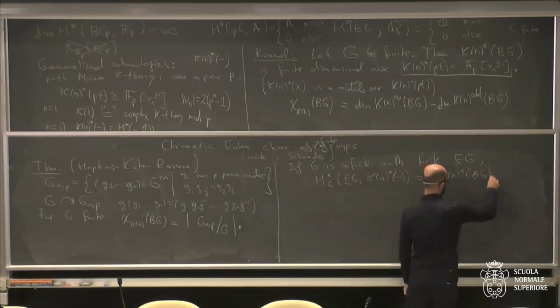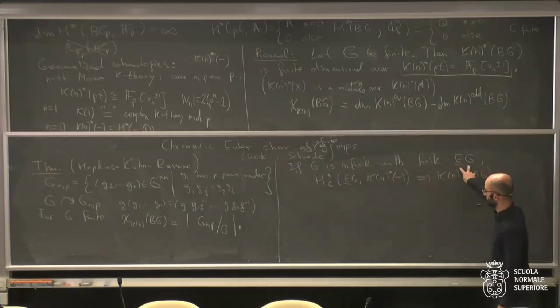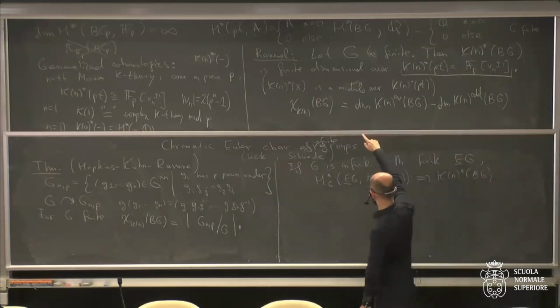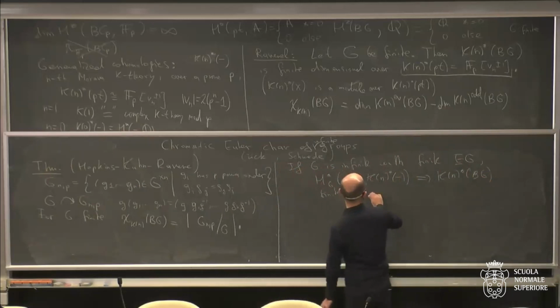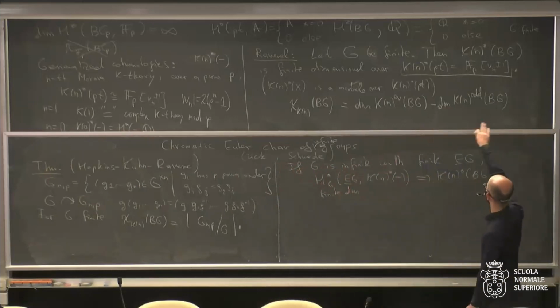If you have the finite E under bar G, and if you know Ravenel's result, then you can prove that this E2 term is always finite dimensional over K_n upper star of a point. Finite dimensional, of course, means over that ring.